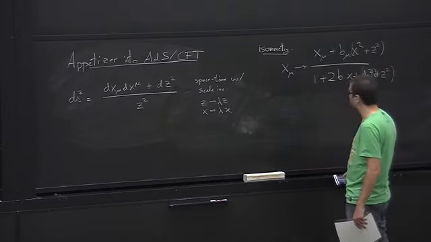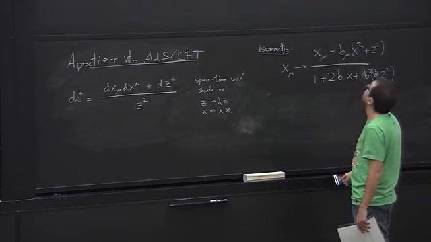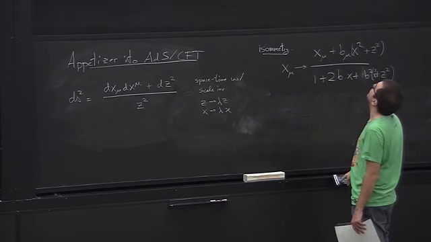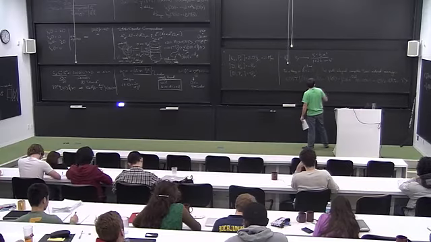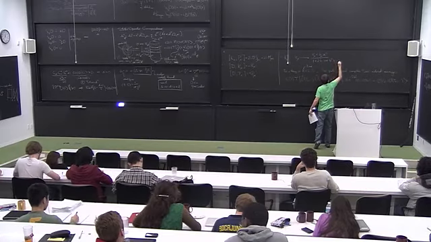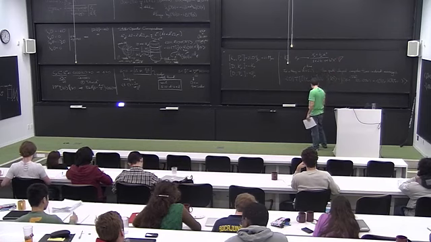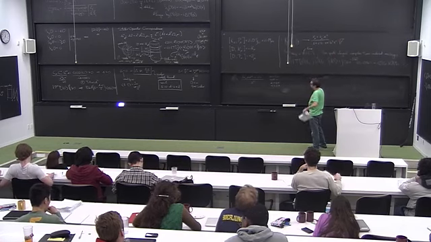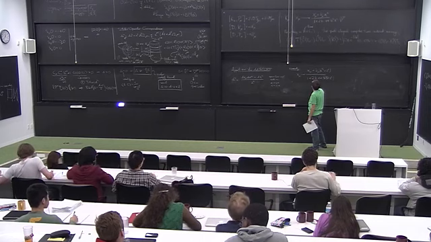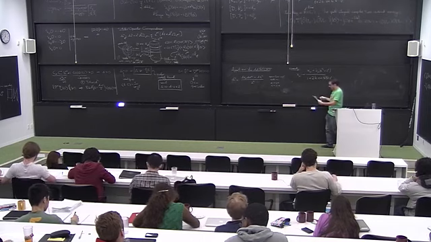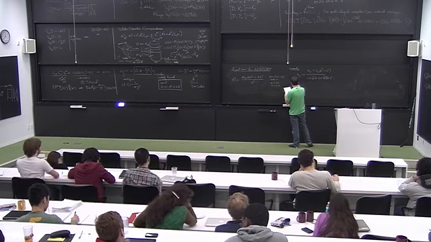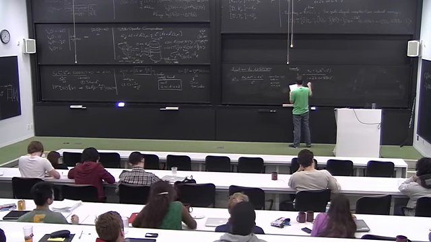Up there was an x squared. So there is an isometry, and z also transforms in a simple way.